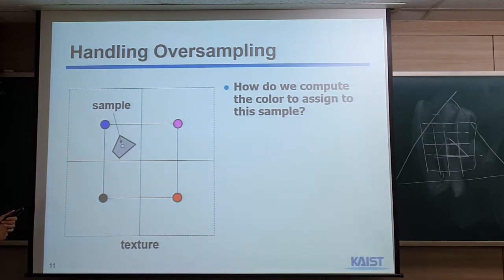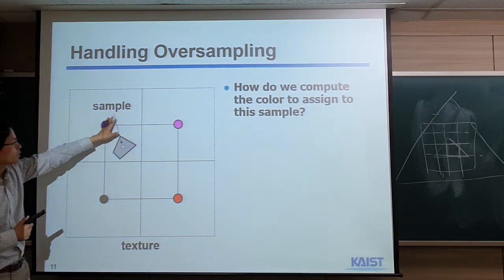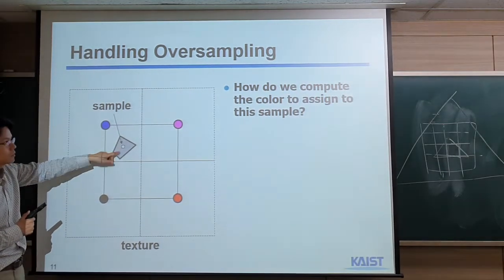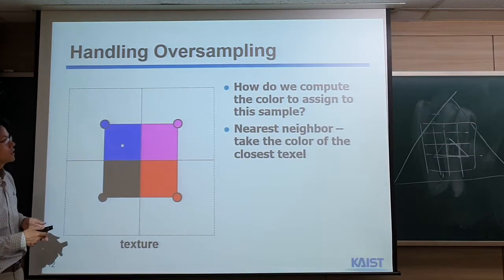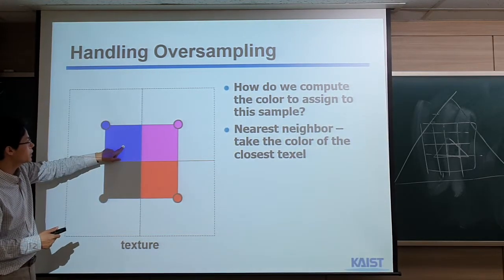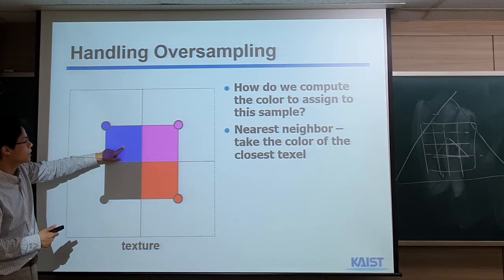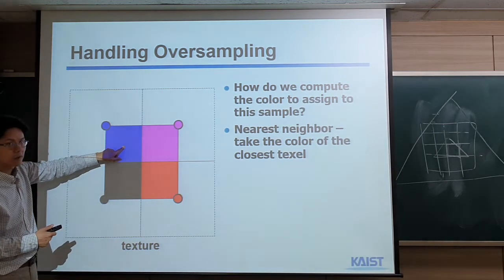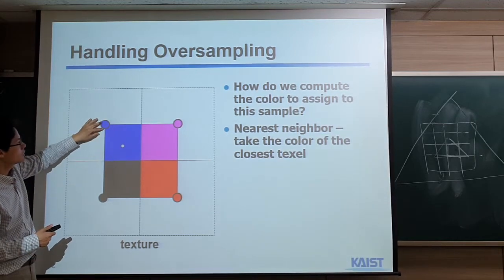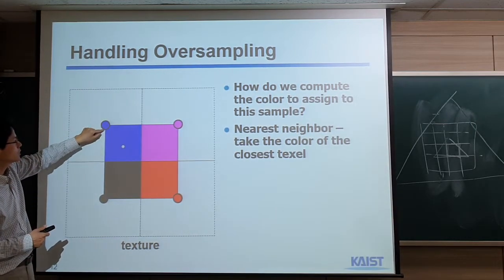And how can you compute the color for this one out of the nearby texture colors? One simple method is the nearest neighbor search. In other words, for this one, I identify the nearest neighbor texel, right? So I use this color for this one.